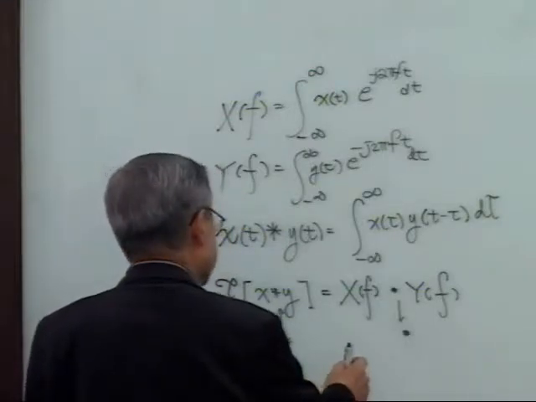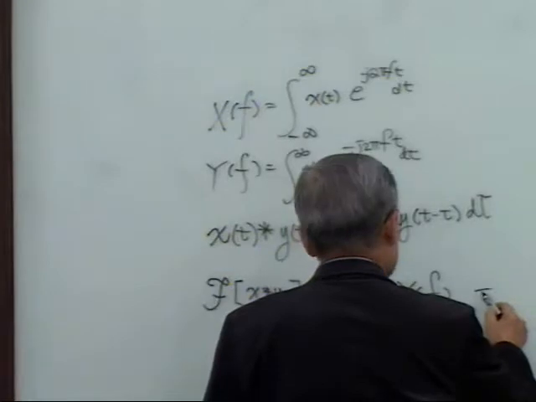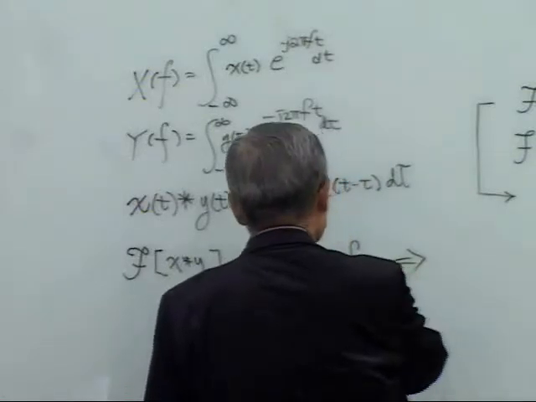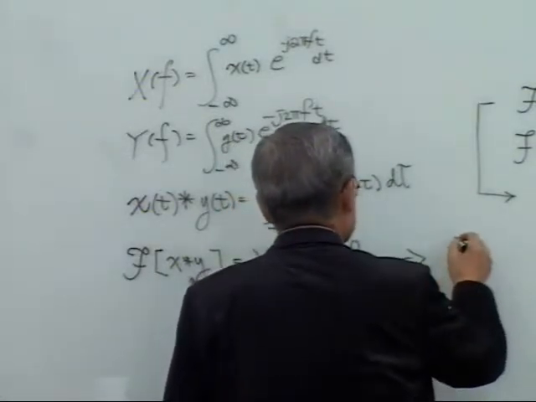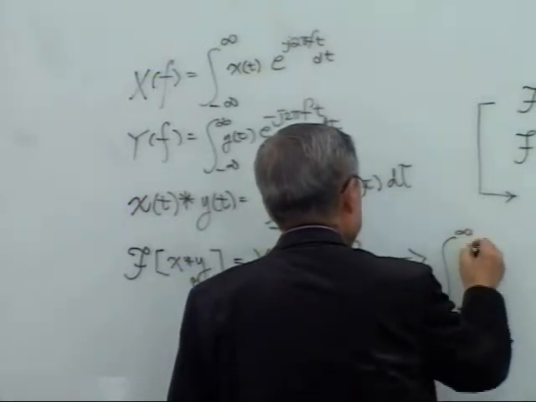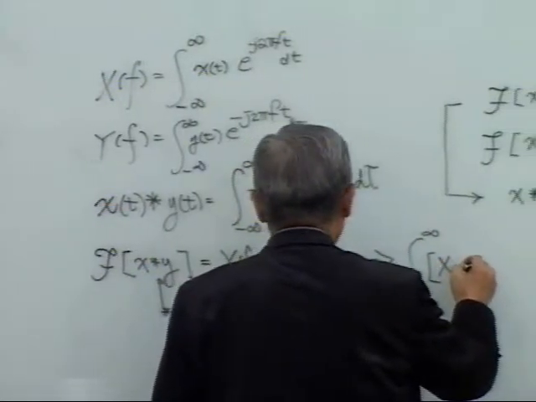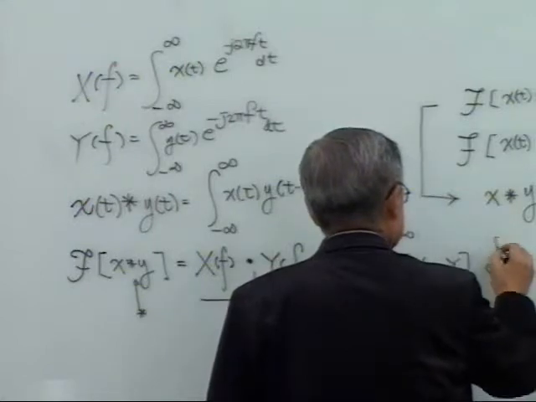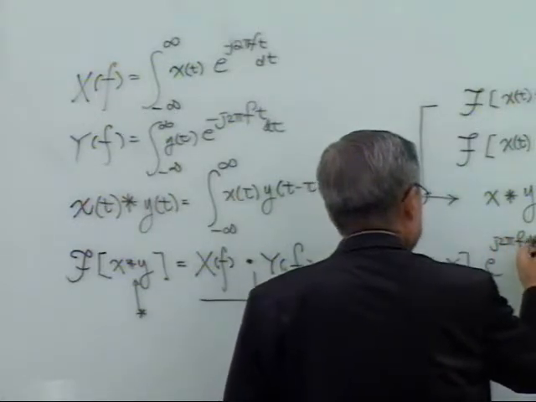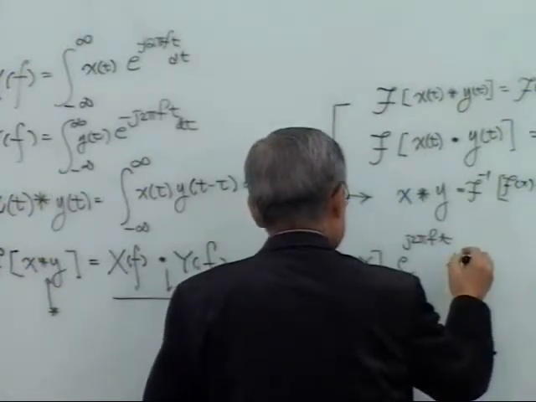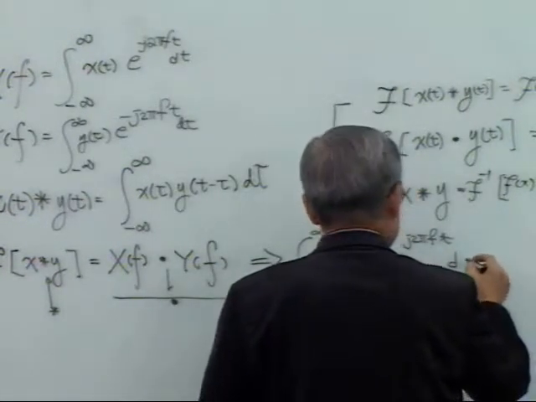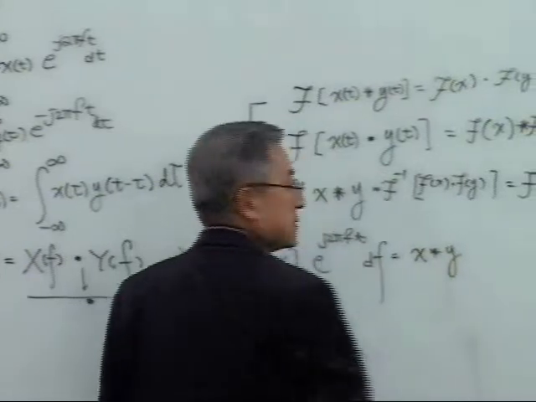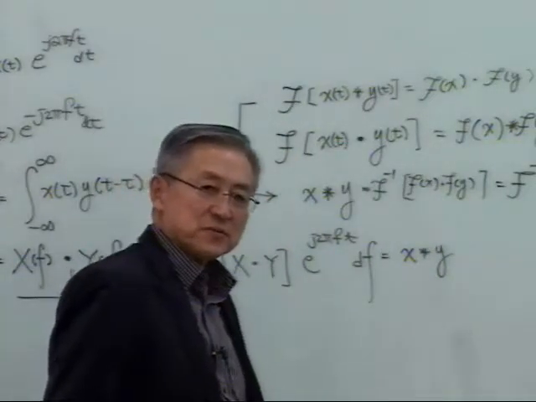So from here, if you take the inverse Fourier transform of this guy, which is minus infinity to infinity, x dot y, inverse Fourier transform, e to the j 2 pi f tau, d f, becomes, of course, nothing to confuse, sometimes confusing.